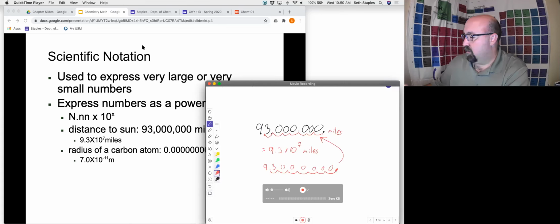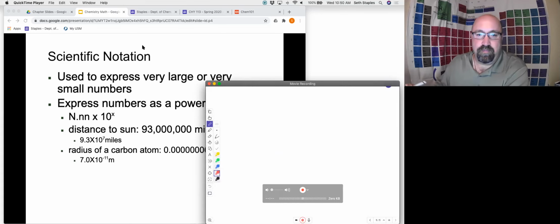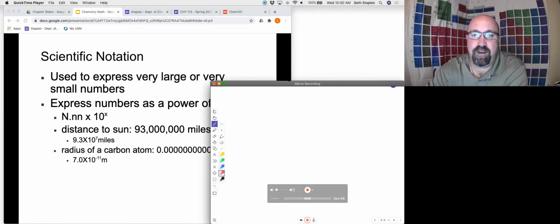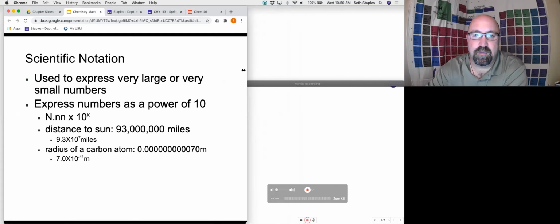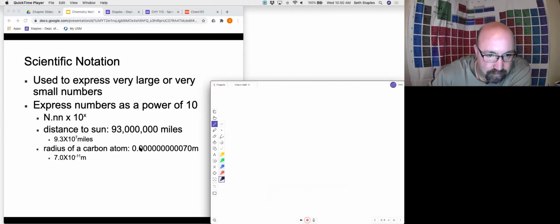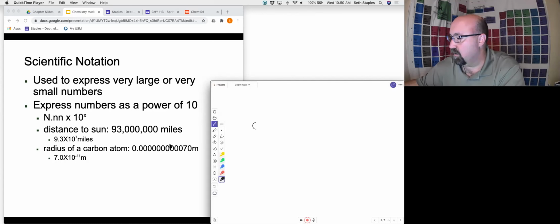Let's look at this other example. The radius of a carbon atom. Carbon atoms are very, very tiny. That probably doesn't come as any surprise to anyone. And so the radius of a carbon atom, I've got to stop here and count 1, 2, 3, 4, 5, 6, 7, 8, 9, 10 zeros there.